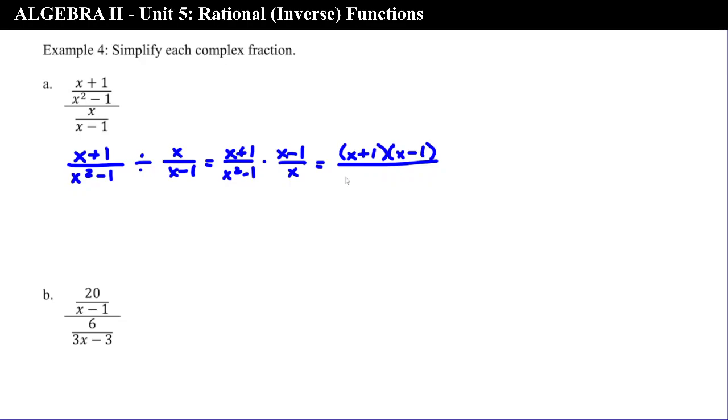Well, we can, because it is a difference of squares. So we've got x plus 1 times x minus 1, and then we have an x here on the end. And what cancels? The x plus 1s, the x minus 1s, and so we're left with 1 over x, and that's our answer. So this whole mess that we started with is the same thing as 1 over x.